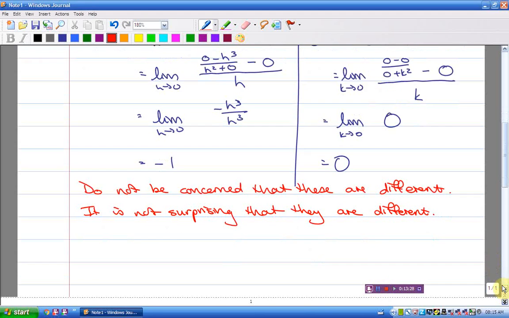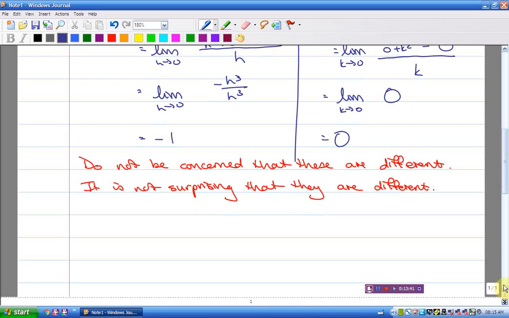As I say, I don't know why that concerns people, but I know there's always some people that get really bugged by the fact that the derivatives are different, but it's fine. Okay, cool. So what am I trying to demonstrate here? I'm trying to show that my function is not differentiable by showing that it's not continuous.